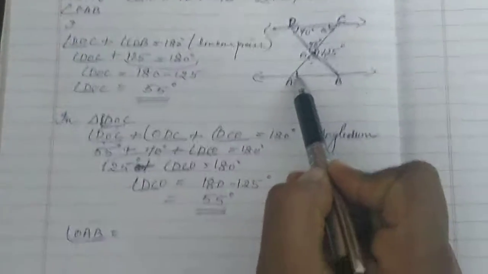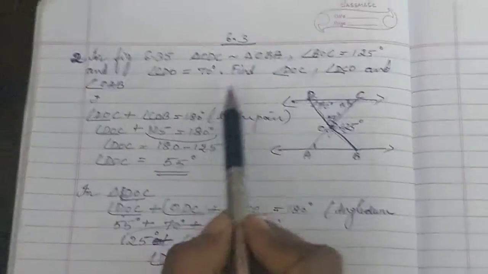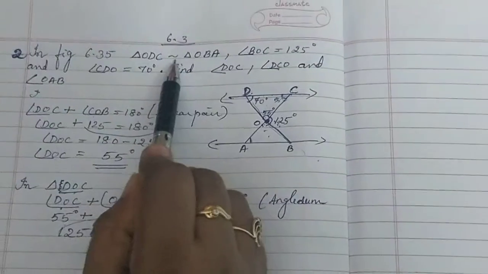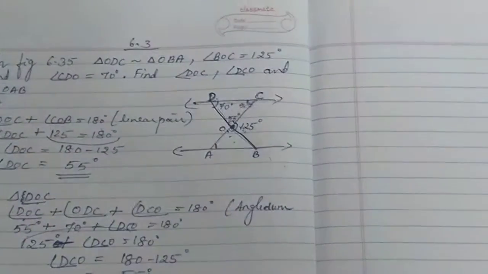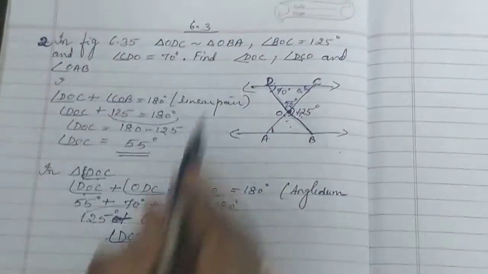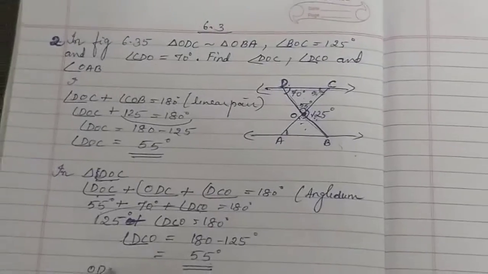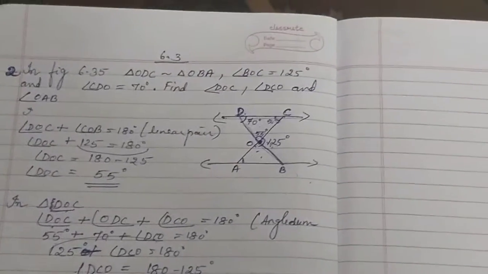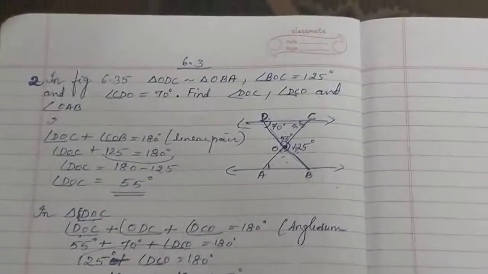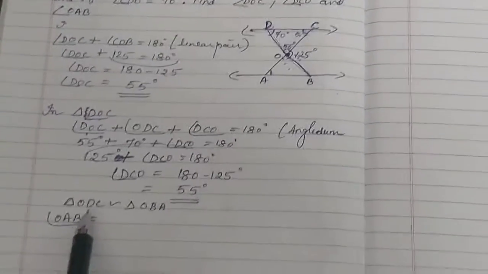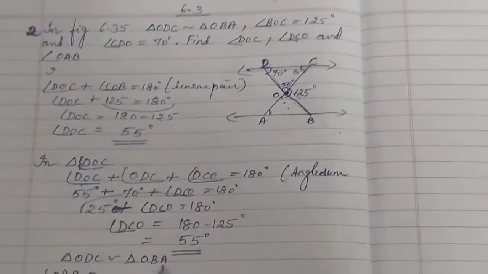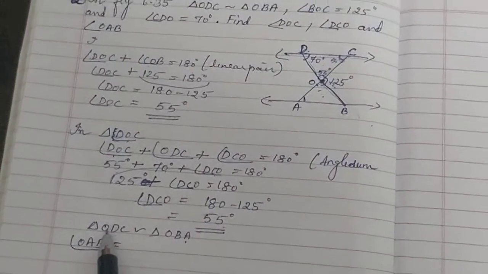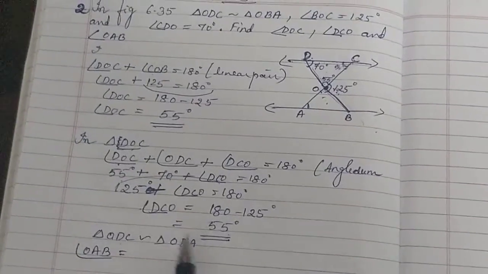What about this angle? Children, before, in the question itself they have given that these two triangles are similar. They said triangle ODC is similar to triangle OBA. So what about the angles? You have learnt in previous classes, in similarity, what will be equal? The corresponding angles are equal.